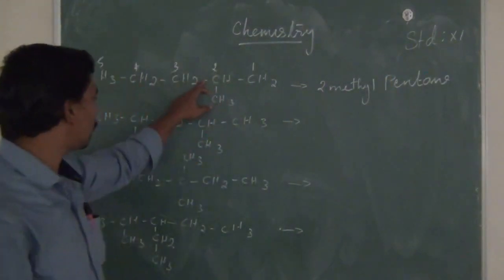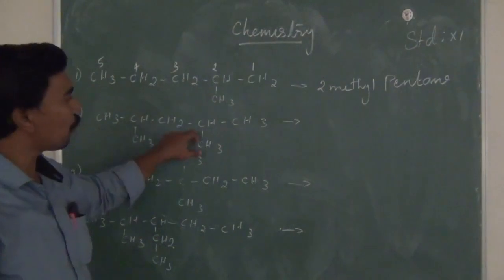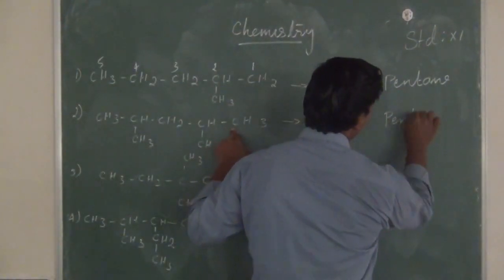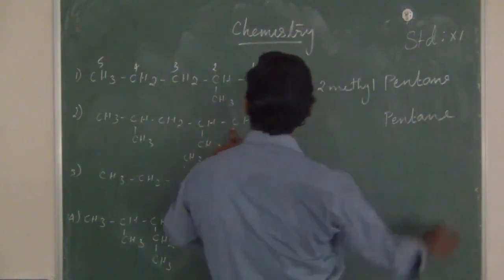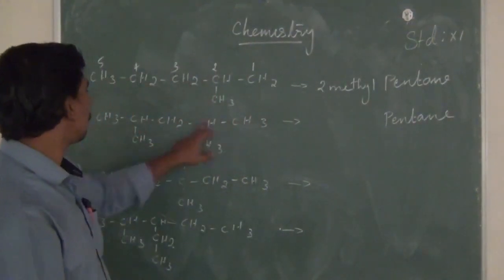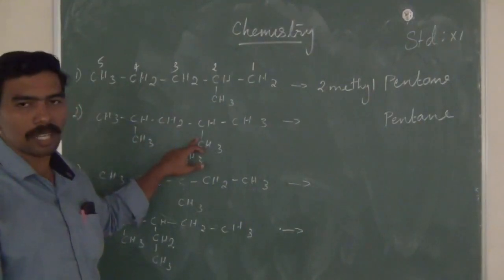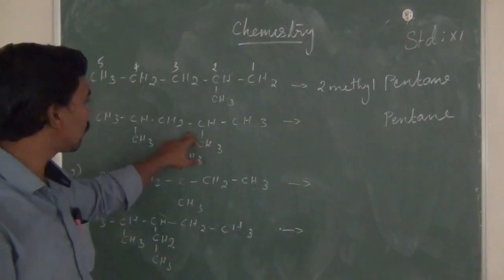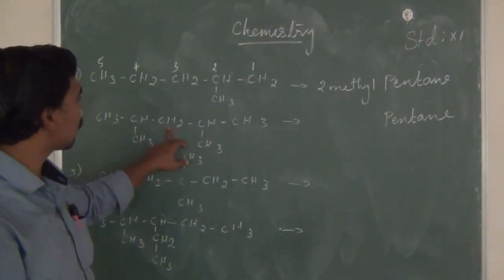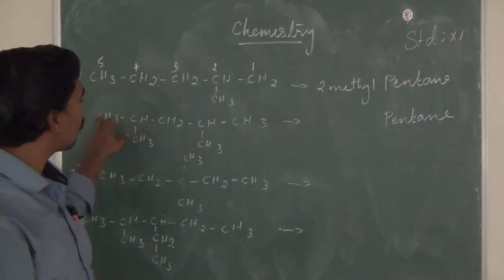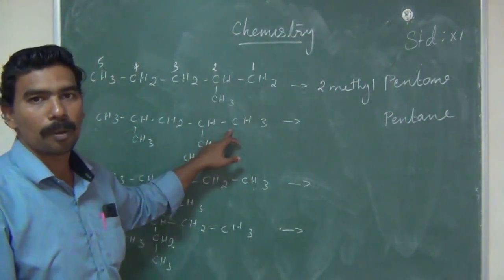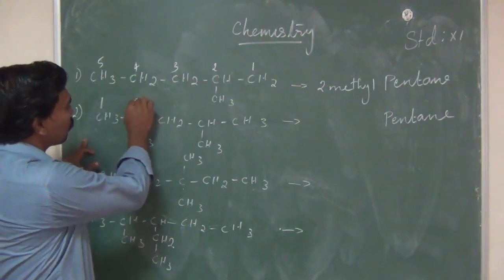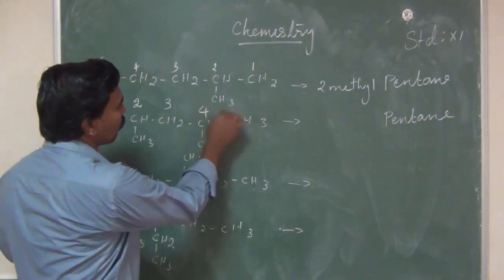IUPAC. Then the second compound: 1, 2, 3, 4, 5. Five means pentane. You see this carbon atom and this carbon atom contain the methyl group, or attached group. Compare this example: even if you put the numbers from the right side or the left side, no problem at all. So put the numbers from right to left: 1, 2, 3, 4, 5.